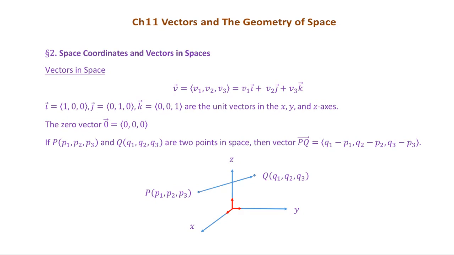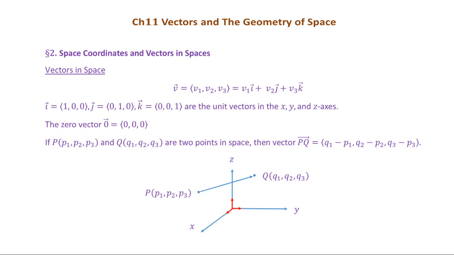Okay. Just like we did in two-dimensional space, we can also draw any vector between 2 points. So suppose there are 2 points P and Q in this space, then we can draw a vector from P to Q, and P will be the initial point, and Q will be the terminal point.